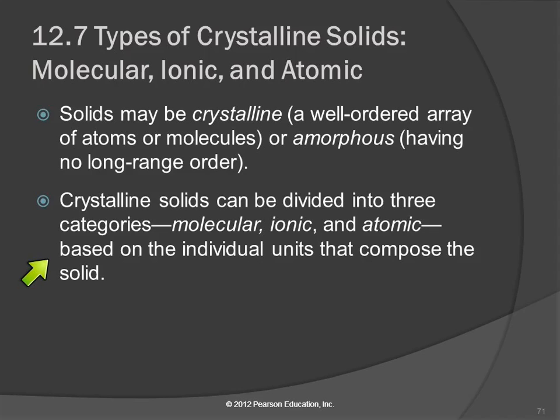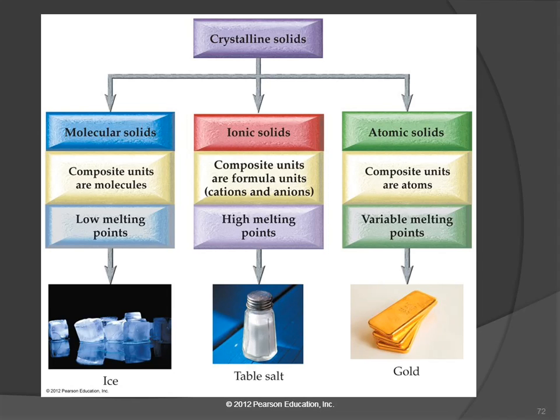So three categories. And these categories of the crystalline solids are based on what composes the solid. So a molecular solid is going to be composed of molecules. An ionic solid, composed of ions. We talk about formula units.